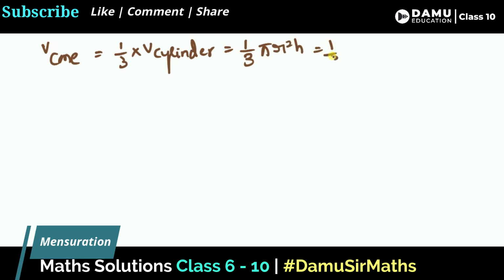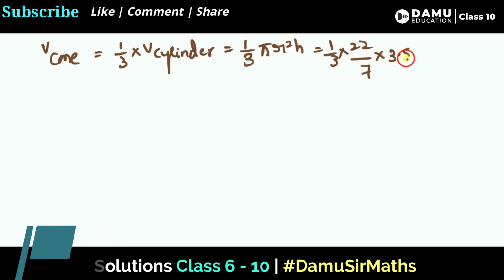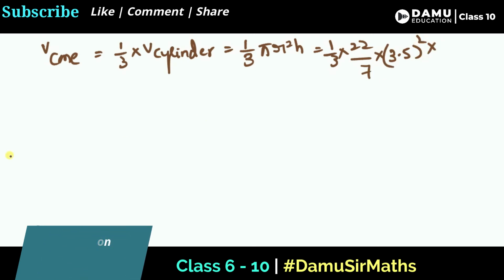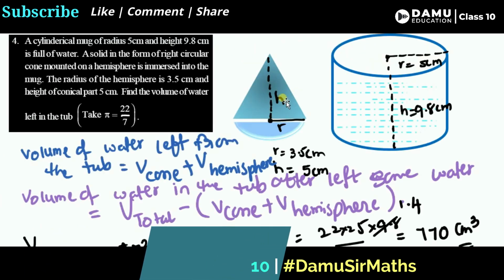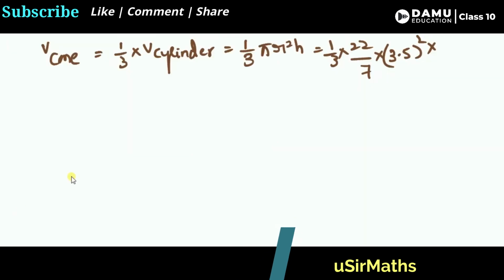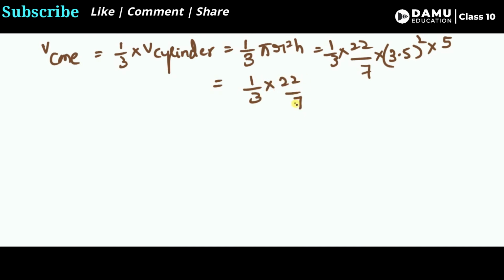So what is the height? 1 by 3, 22 by 7 into r square, the radius of the cone is 3.5, 3.5 whole square, into height. The height for this cone is 5. So this will be 22 by 7 into 3.5 into 3.5 into 5.